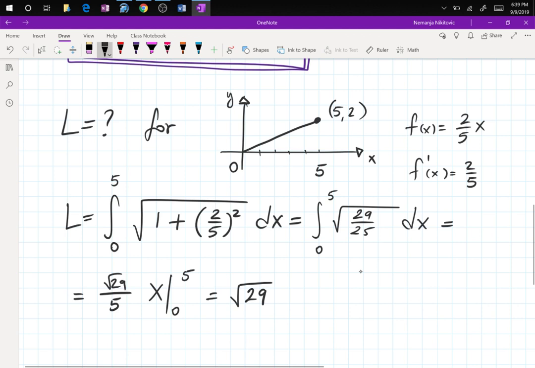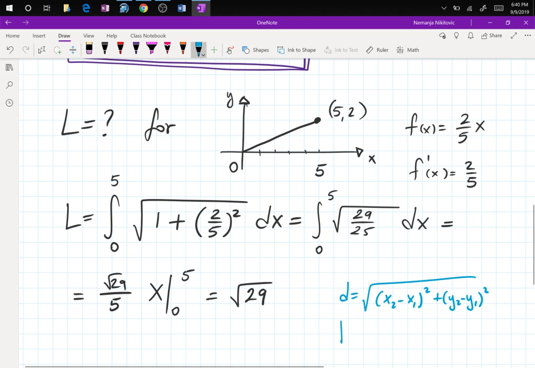And let's say you care about this and you want to check. It's hypothetical. So you would obviously use length of curve, which is the distance formula for a straight line. And you would just run the distance formula. If you remember, the distance formula was the square root of x2 minus x1 squared plus y2 minus y1 squared. Now your x1, y1 is 0, 0, and your x2, y2 is 5, 2.